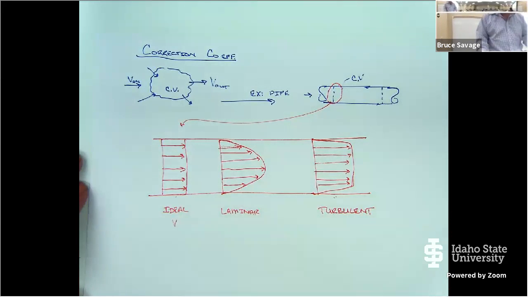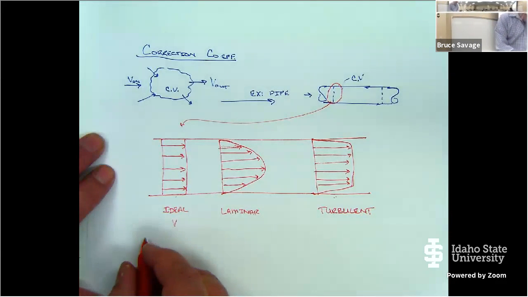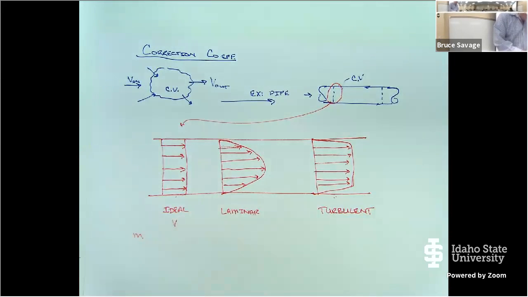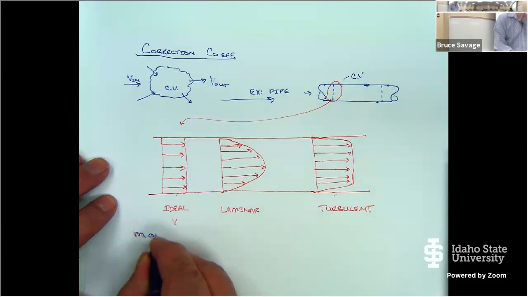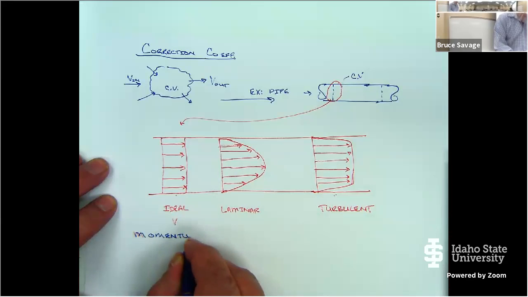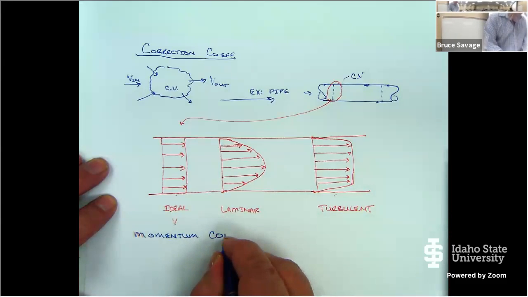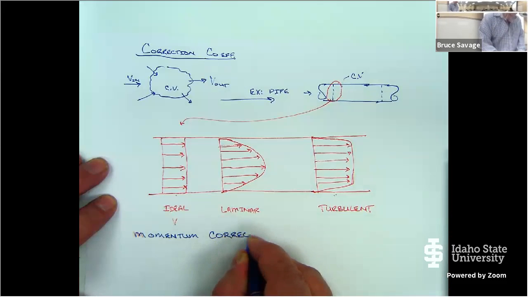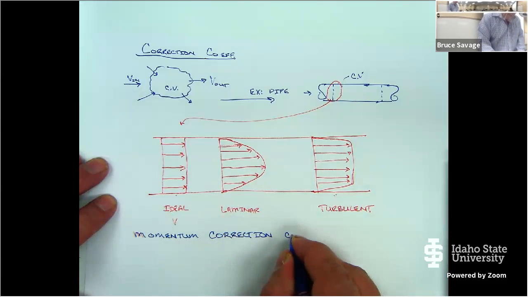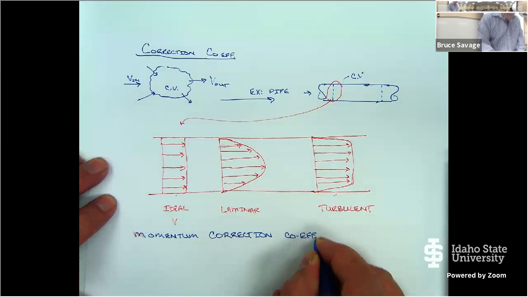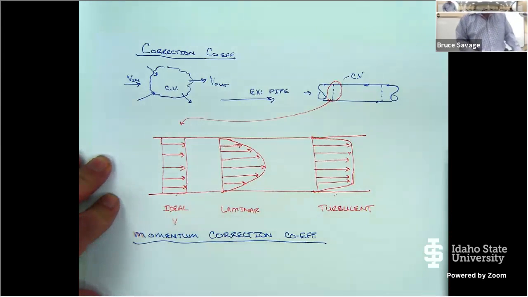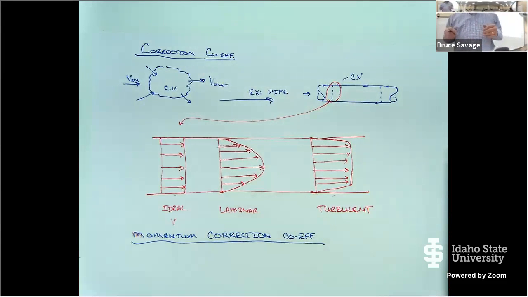I just want to stick with the basics here. And we could say then that the momentum correction coefficient tells us that, take a step back. If we know the average flow, then we can find a correction coefficient. Once again, let me take a step back.